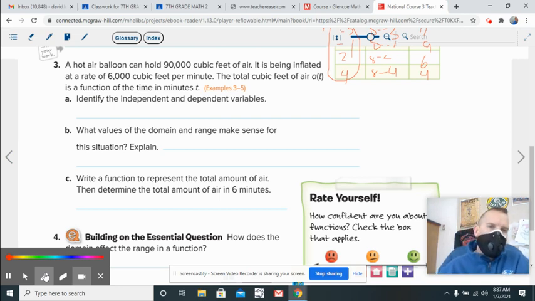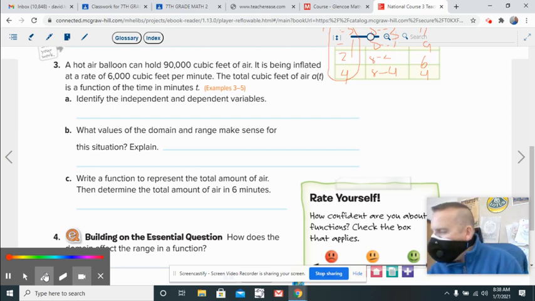Because if I have 30 seconds to fill up a hot air balloon, well, I can only put so much air into it. If I have 5 hours, well, then I have a lot more time. So the amount of air going into the hot air balloon depends on how much time you have. So on 3A, you just need to write down that air is the dependent variable and time, which is again, they use T, is the independent variable.